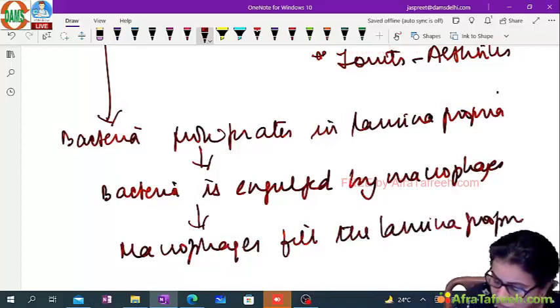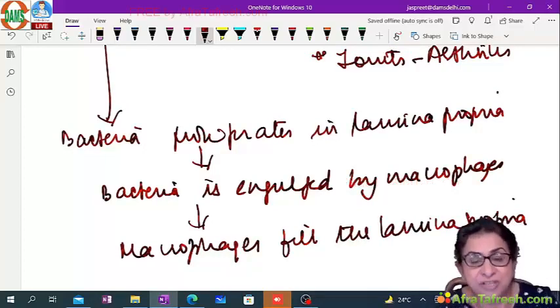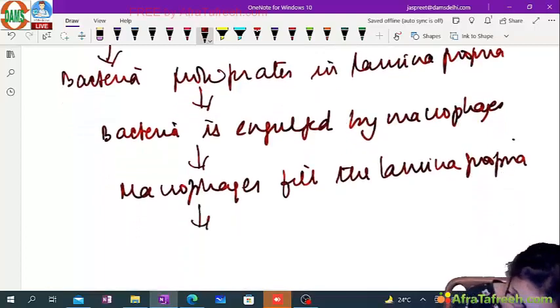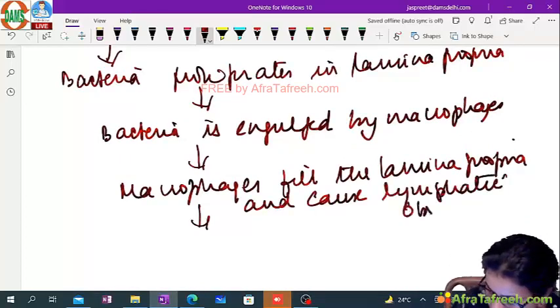The lamina propria has lymphatics, so the macrophages cause lymphatic obstruction, and thus produce malabsorption.